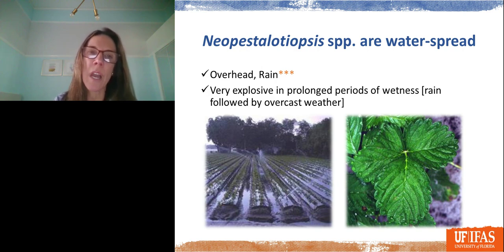It seems to move the pathogen very far. And it's very explosive too after we have these prolonged periods of wetness with rain followed by overcast weather. Symptoms usually start showing up after only 5 days on the leaves.